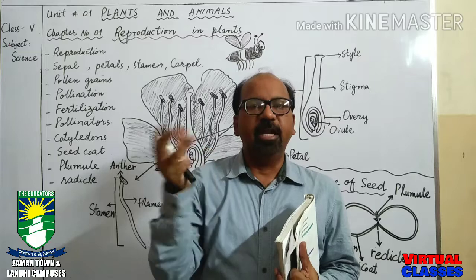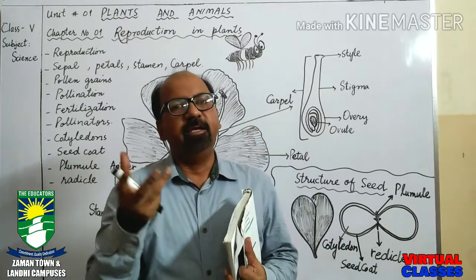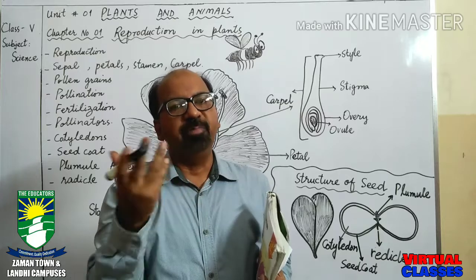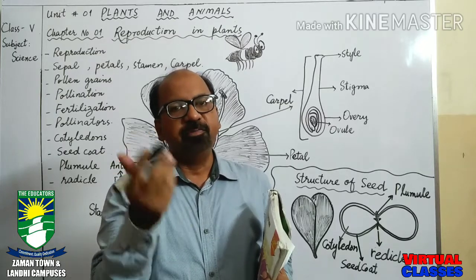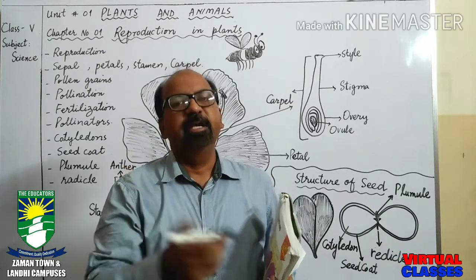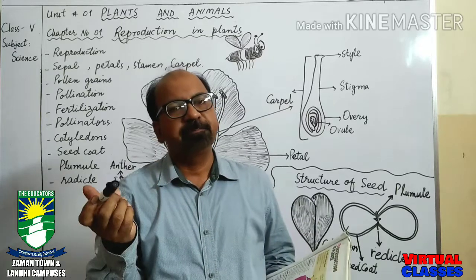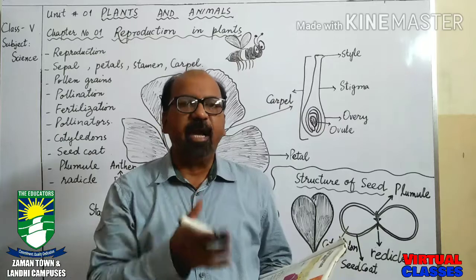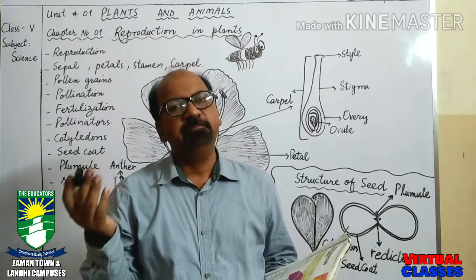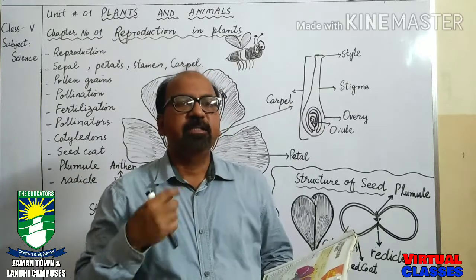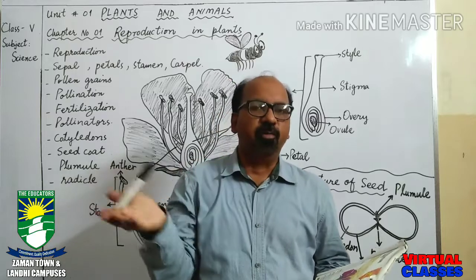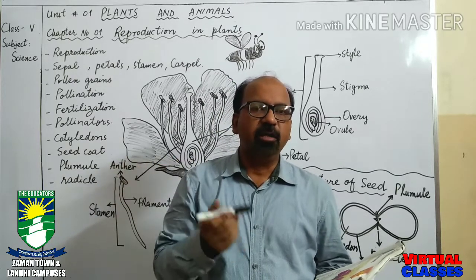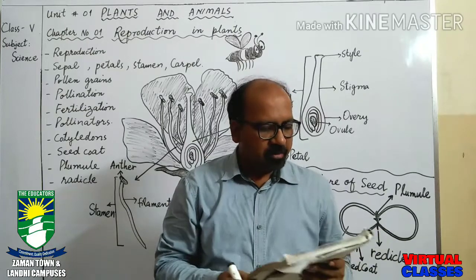Many birds lay eggs, and when the eggs are hatched, newborn babies arise from the eggs and they look like their parents. Likewise, human beings have their own babies like them. So to produce the new young ones by the parents is called reproduction.